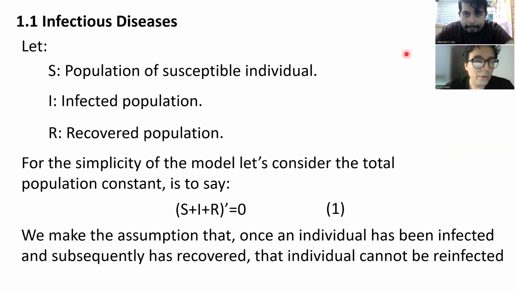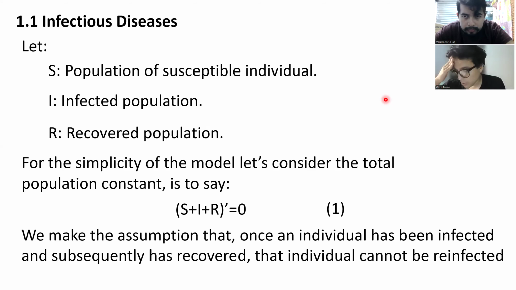So now we have the infectious diseases model. This is called the SIR model. The acronym is because you have a susceptible population, then the infected population, and the recovered population.